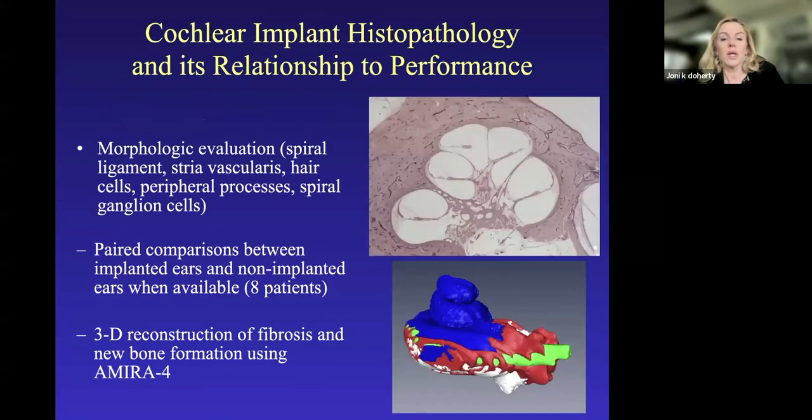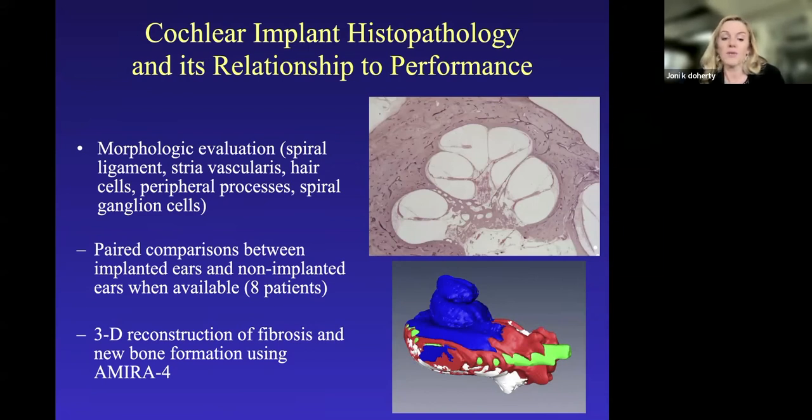And so this is a kind of a compilation of many studies that have been done from the lab on cochlear implantation histopathology. So the morphologic evaluation, just basically looking at the health of the spiral ligament, stria vascularis, the hair cells, peripheral processes, and spiral ganglion neurons, and then paired comparisons between implanted ears and non-implanted ears, when available.